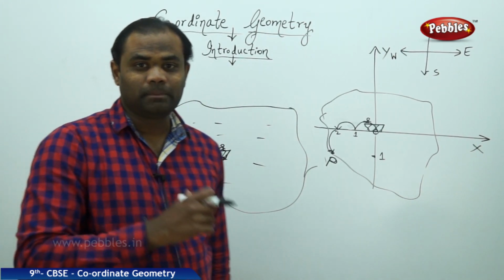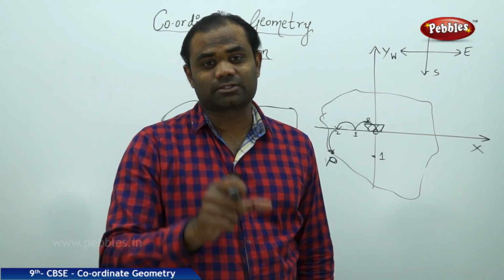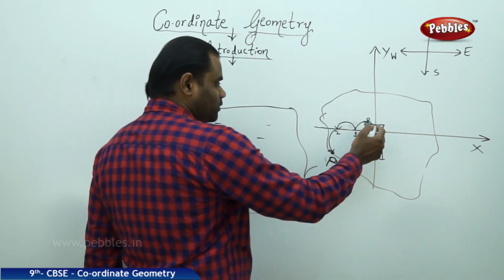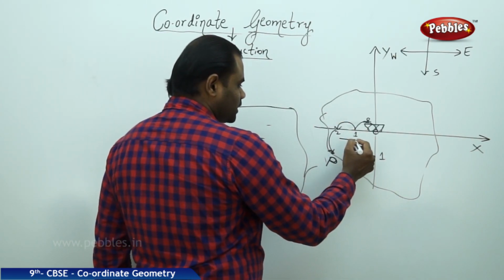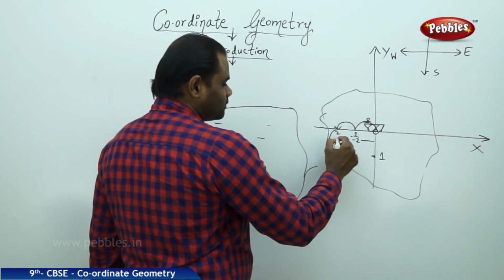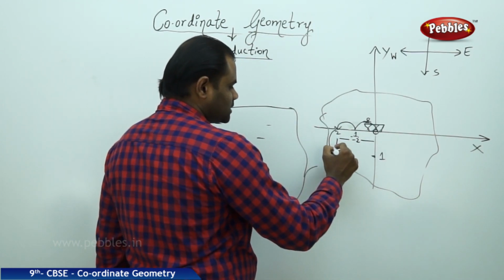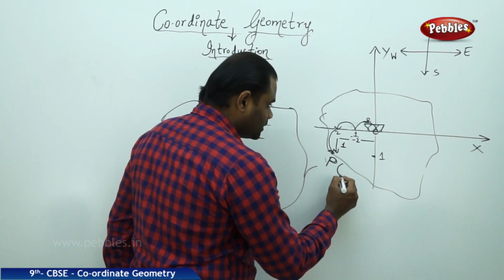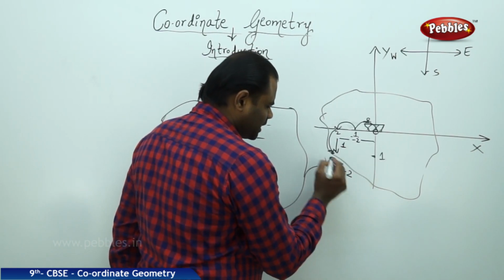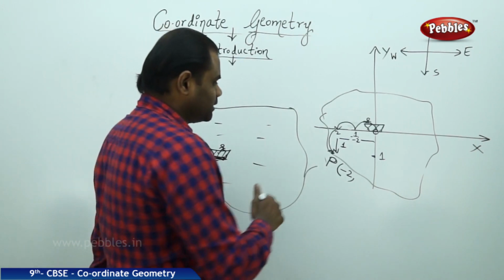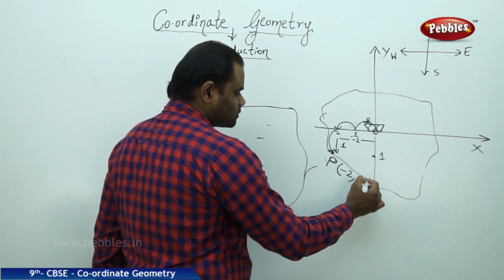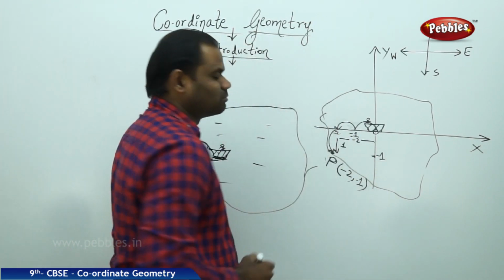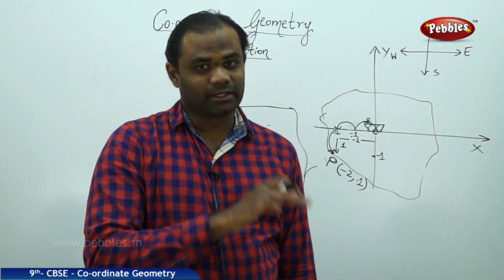So how do we define P in the graph is the biggest question which connects coordinate geometry with a real life situation like this. So when I see the ship moving 2 units left, I see that it is moving negative 2 units to the left, and then when the ship moves 1 unit to the south, I see that the ship moves 1 unit towards P. So I locate this point P with x moving minus 2 units, that is to the left, and then the point P moves 1 unit down, and therefore this would be -1 and this would be -2, because the negative values come on the negative side of the x-axis.